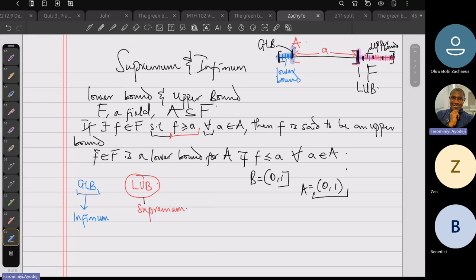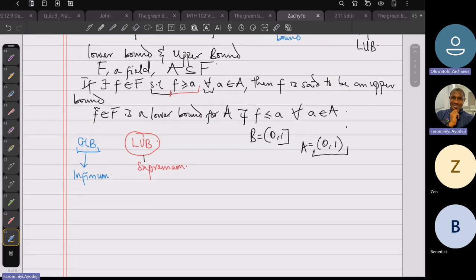So if you want to be formal about it, let F be an ordered field. Why do we need order? We need order to be able to talk about something that is bigger, something that is smaller, right?